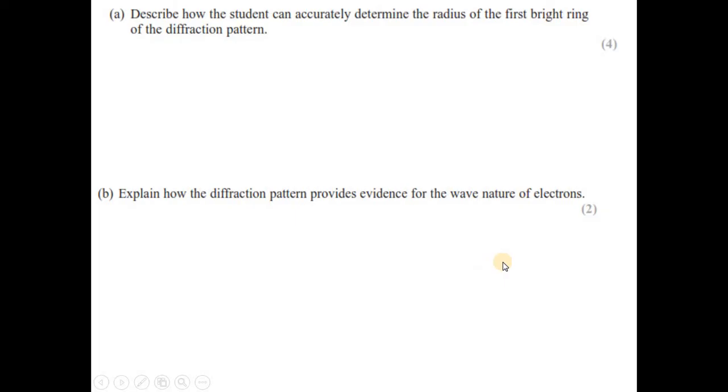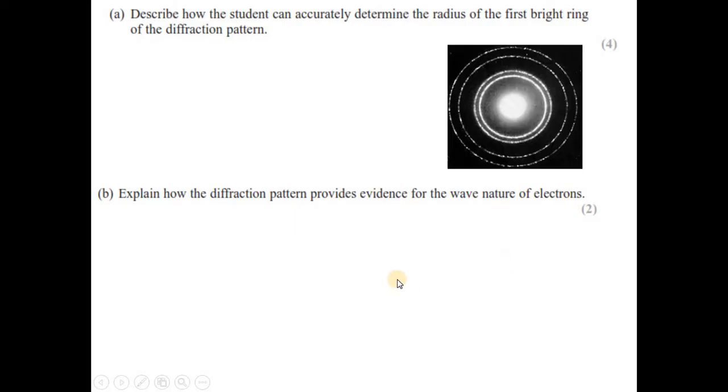Describe how the student can accurately determine the radius of the first bright ring of the diffraction pattern. Now you can refer to this diagram, and you can say that because the screen is curved, a student cannot use a meter rule.